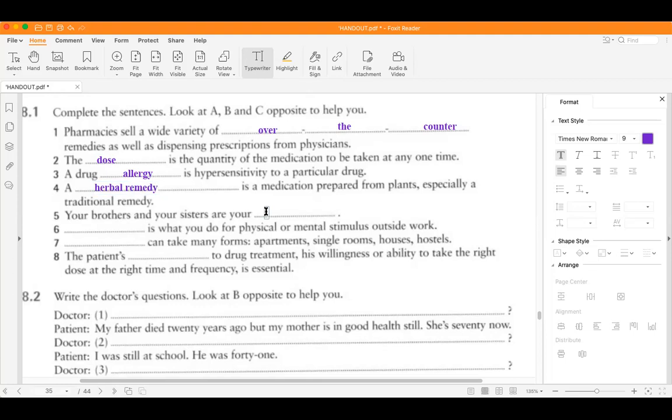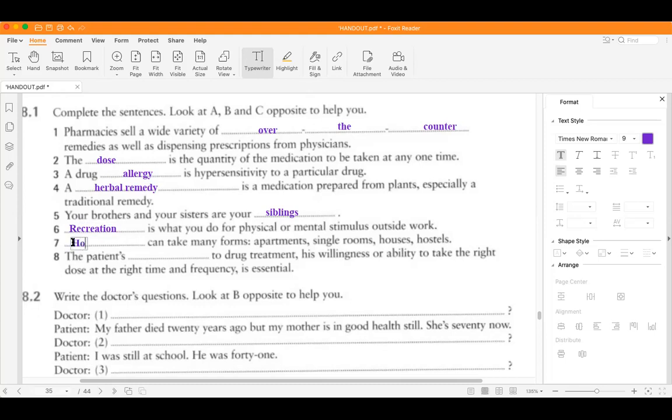Your brothers and your sisters are your siblings. Number six, blank is what you do for physical or mental stimulus outside work. So this is recreation. Number seven, what can take many forms? Apartment, single rooms, houses, hostels.